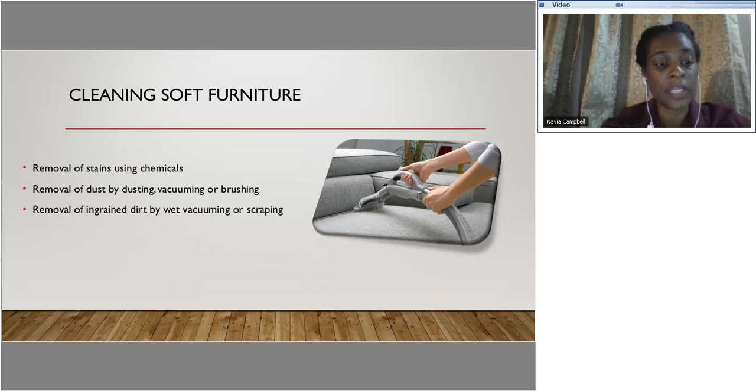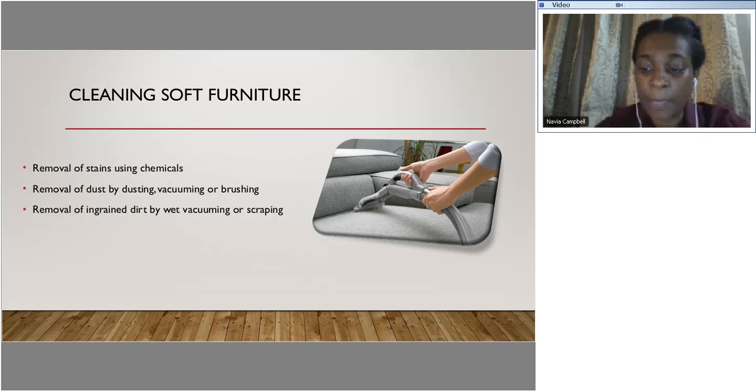When removing stains from furnishings, you have to consider whether the stain is liquid or a solid stain. If it's a solid stain, then the excess must be scraped off using a dull object before applying any stain removal solution.